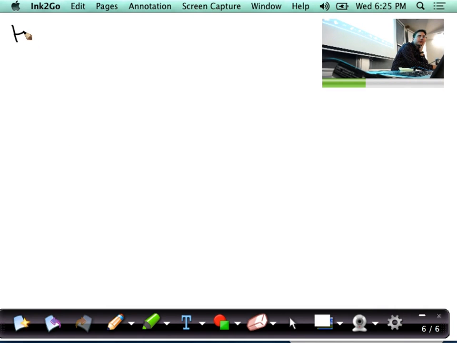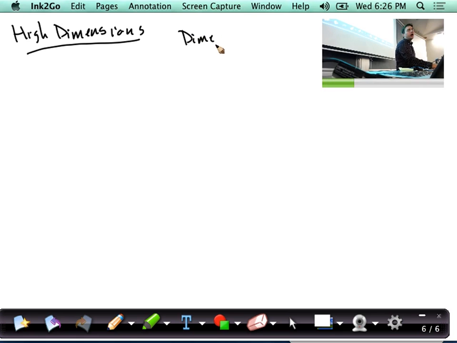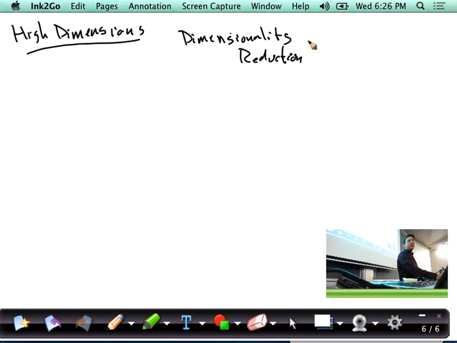What I finally want to do is talk about very high dimensions. We'll come back to this a little bit later. There's a whole area called dimensionality reduction, where you have some data set which lies in high dimensions, in R^d, and you project it to another data set in R^k.